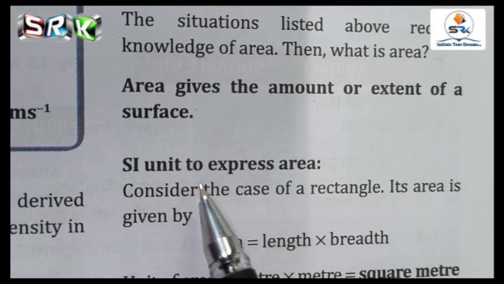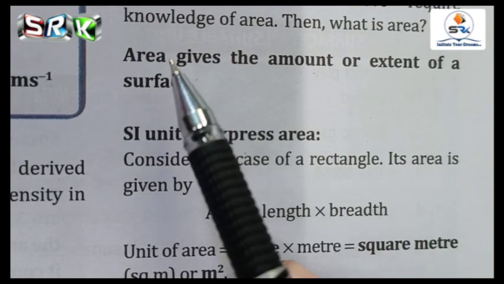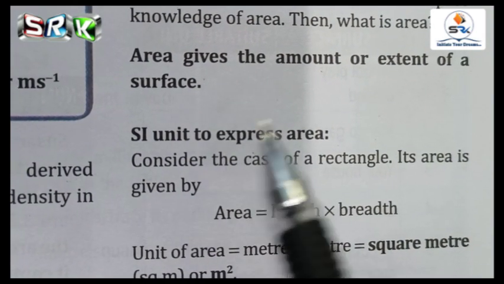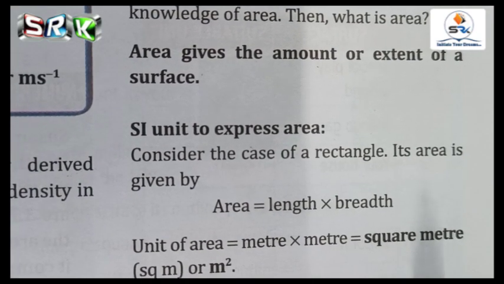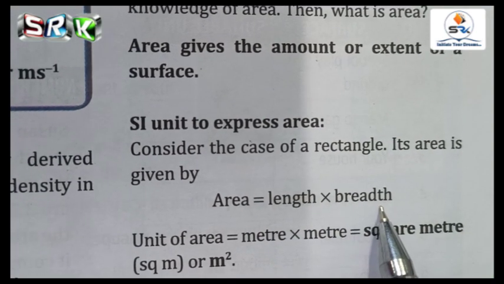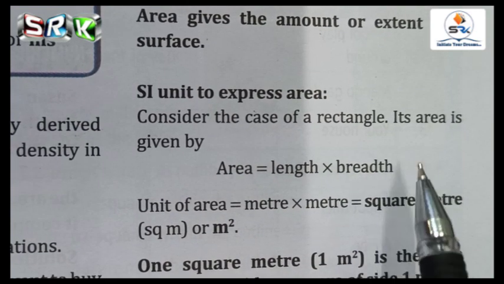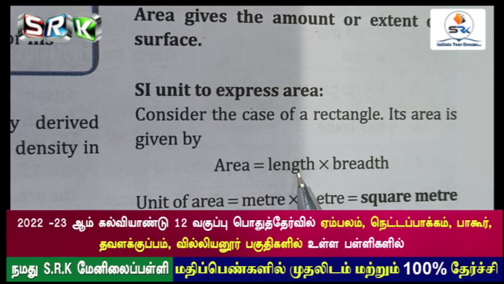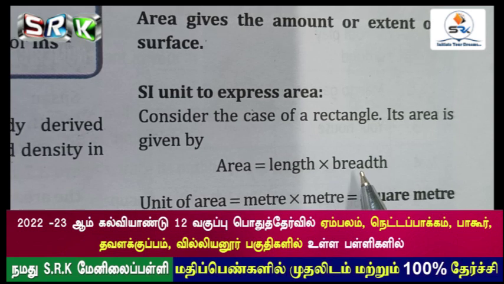Next, the SI unit to express area. So far we have seen what is meant by area, and next is the SI unit. If you consider a rectangle, how will you calculate its area? That is length into breadth. In derived quantities you have seen that length is expressed in meters, likewise breadth is also in meters.